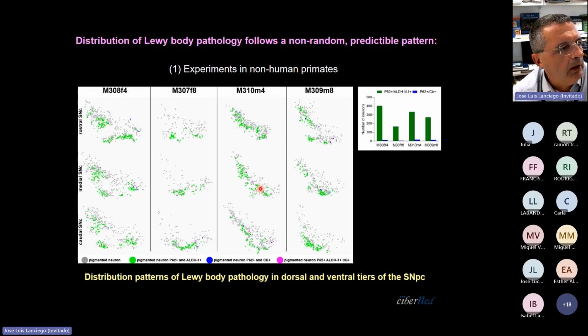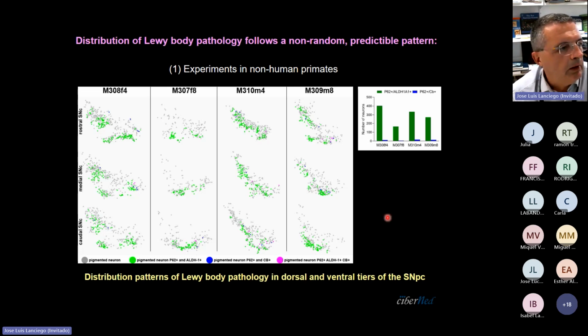So these are 4 animals from rostral to caudal section of the substantia nigra. What you have in these gray dots are pigmented neurons. What you have in green are pigmented neurons with Lewy bodies. And what you have that are positive for aldehyde dehydrogenase, a marker for the ventral tier of the substantia nigra, and what you have in blue or in purple are neurons in the dorsal tier of the substantia nigra positive for calbindin and Lewy bodies.